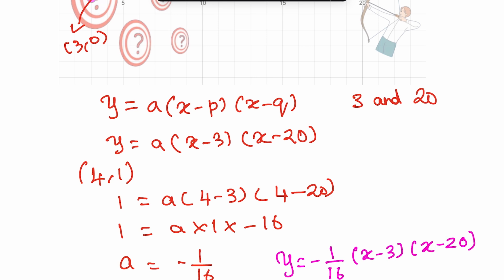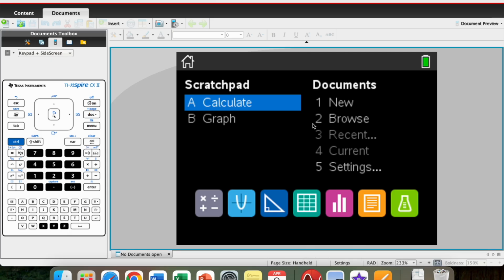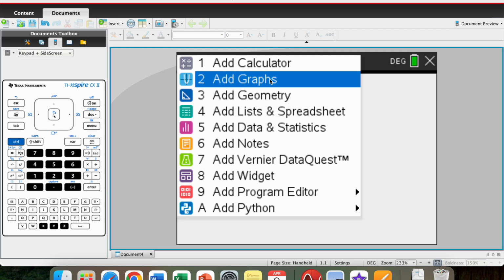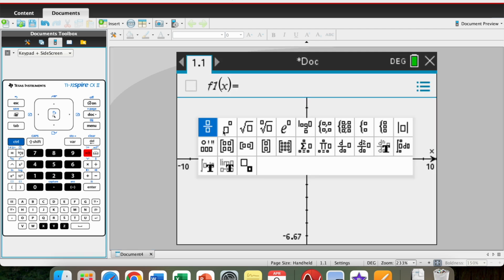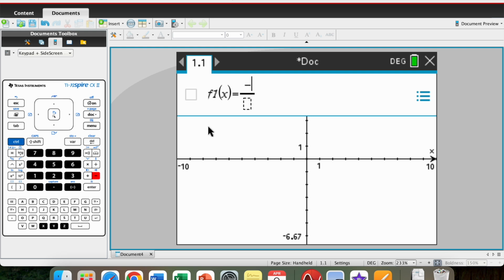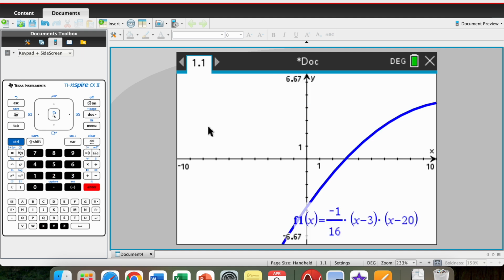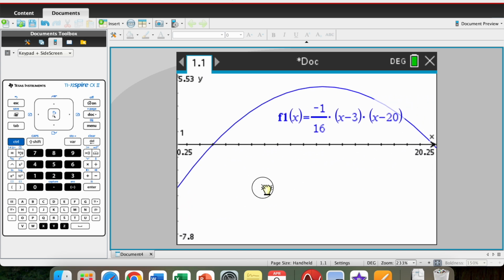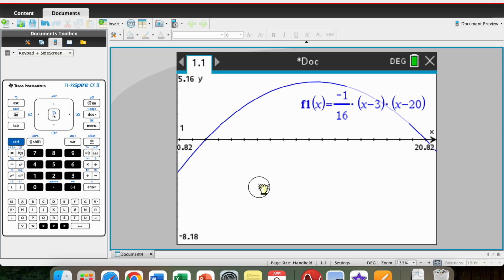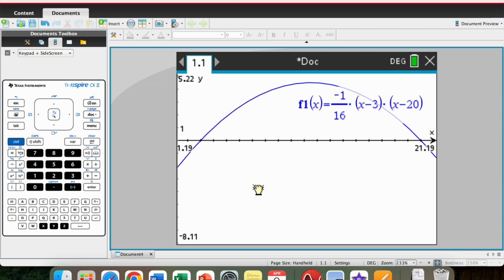Now let's graph this on my GDC. I'm opening a new document, add a graph, enter the equation y equals negative 1 over 16 times (x minus 3) times (x minus 20). The graph is now drawn and I'm going to add the two points, the two x-intercepts that I used to derive this equation.